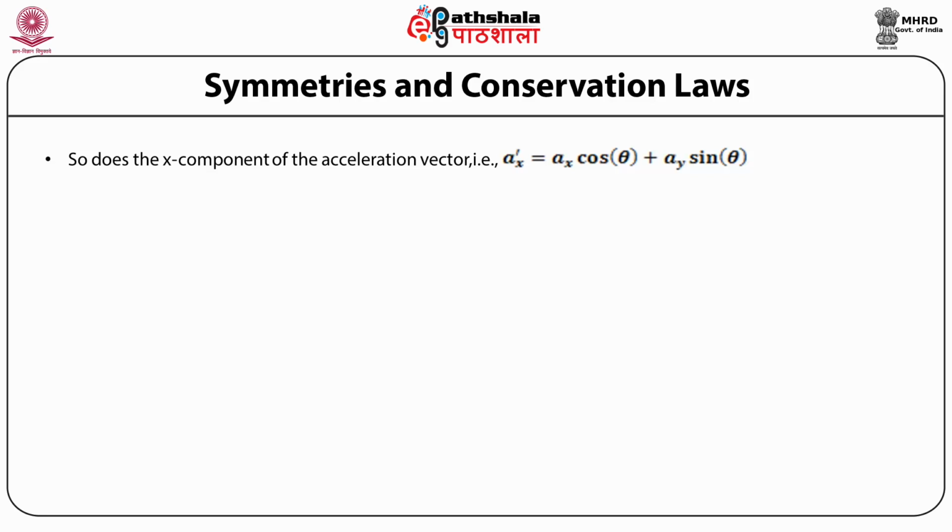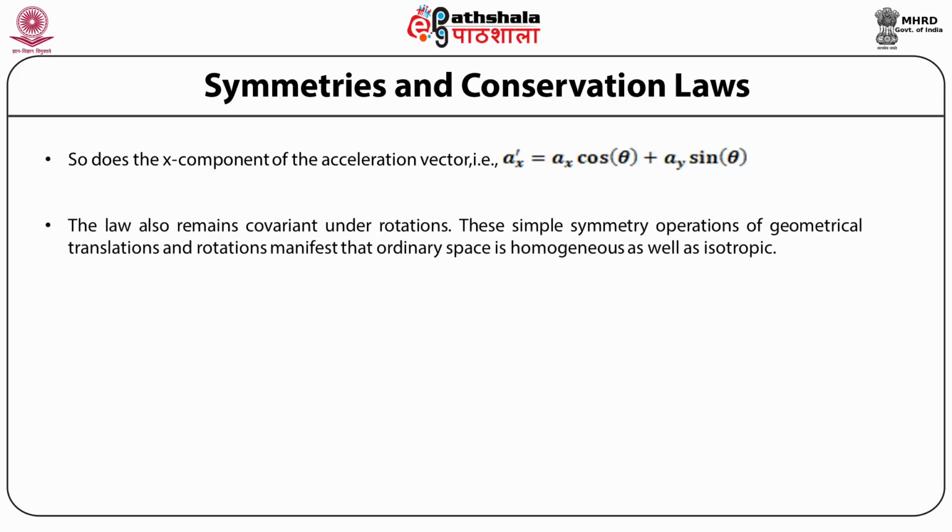And we can see that the laws of motion of Newton also remain invariant under rotation. These simple symmetry operations of geometrical translations and rotations manifest that ordinary space is homogeneous as well as isotropic.